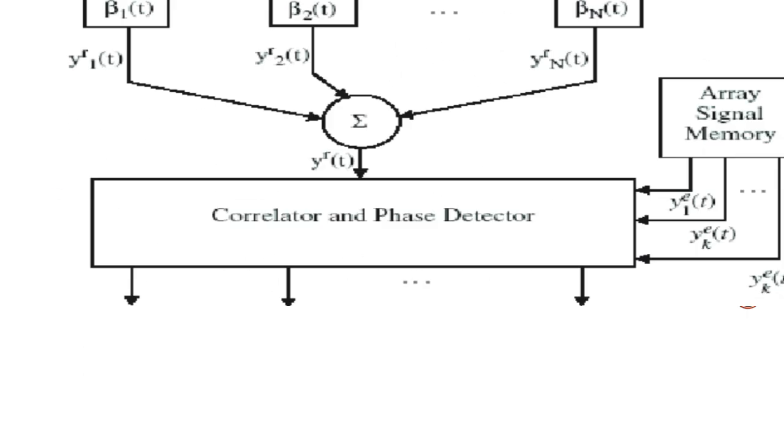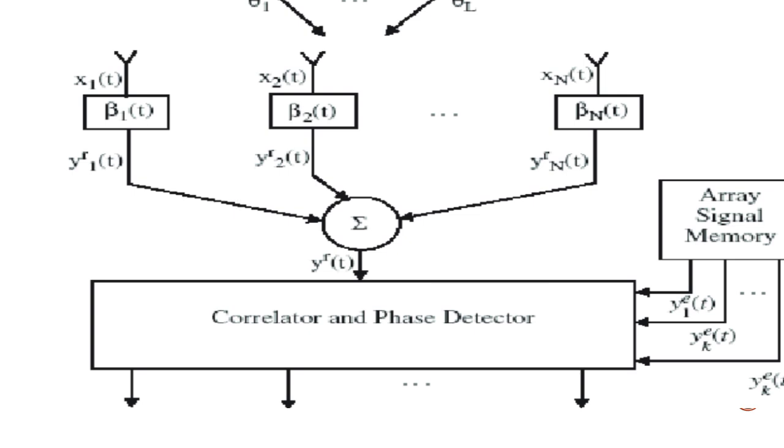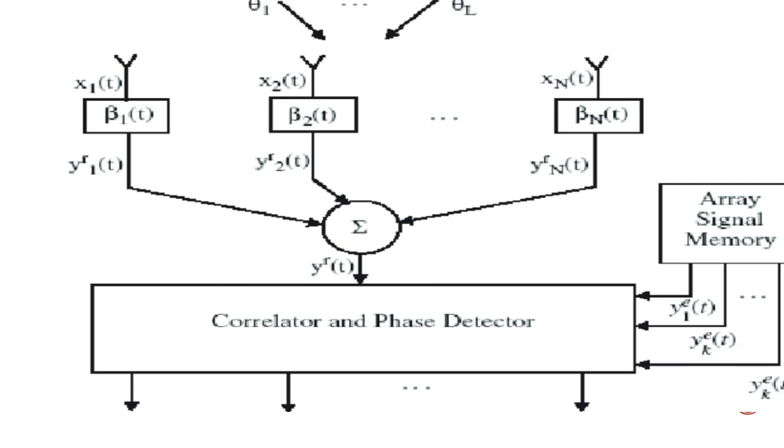So this is the diagram of the spread sequence method. See here, first the individual user spectrum will be spread out. After that it will be correlated and we have to detect the phase. Finally we need to generate the array signal output.